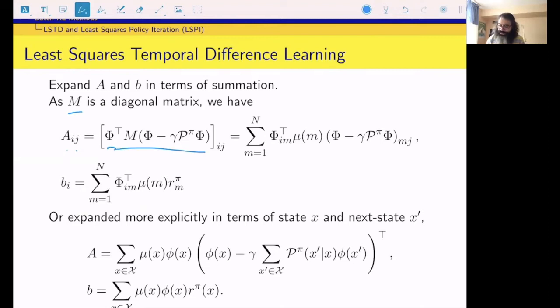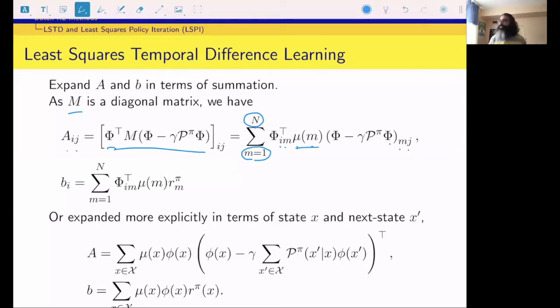What we get is a summation over m, going from 1 to n, the number of states, of phi transpose of i and m times mu of m. So I'm substituting capital M with mu. This is the m term, times matrix (phi minus gamma P pi phi) at m and jth term.